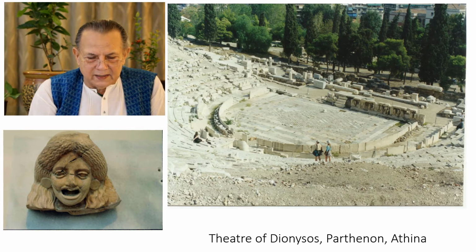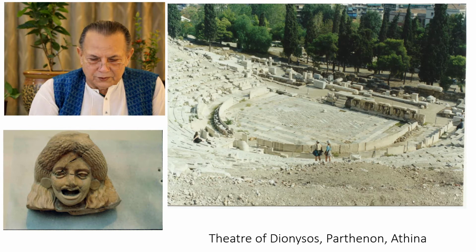And right in the middle, there is a big area which is the dancing floor. This is where the chorus came and danced. And on this side towards the town, where you can see the trees, the long big cypress trees, you see some steps and some stones there with some carvings.